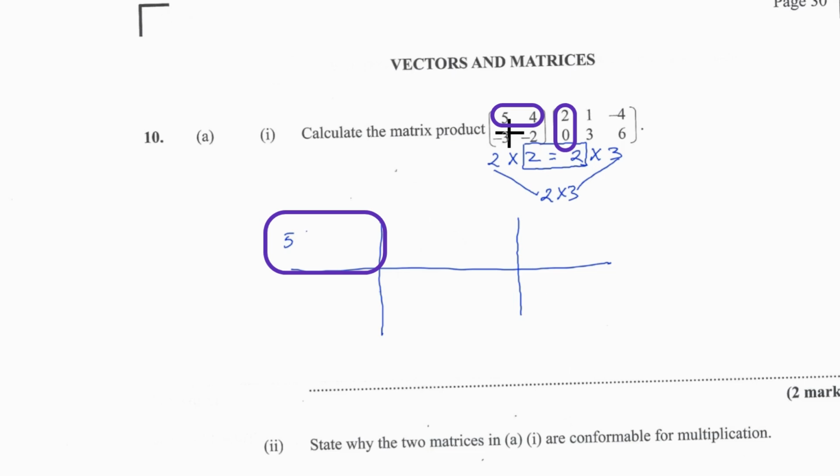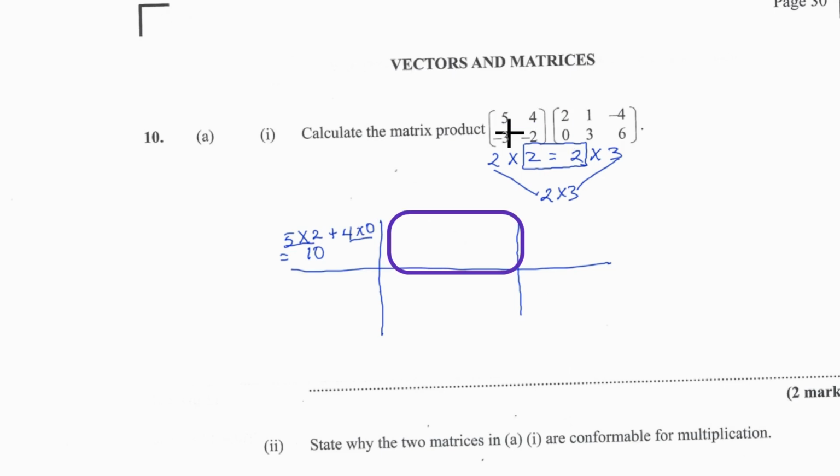So 5 multiplied by 2 plus 4 multiplied by 0. What does that give me? That gives me 10, because 4 by 0 is 0 and 5 by 2 is 10. So that's my first answer, the first element of my final matrix.